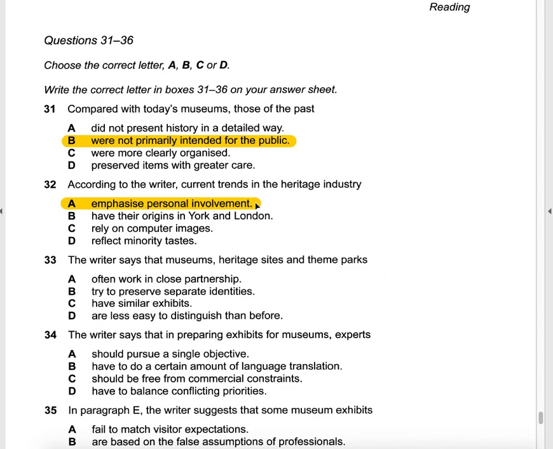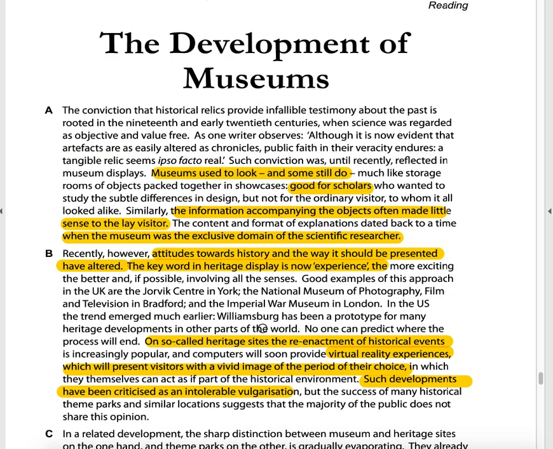Because in here we have, it does talk about getting the public involved in here.